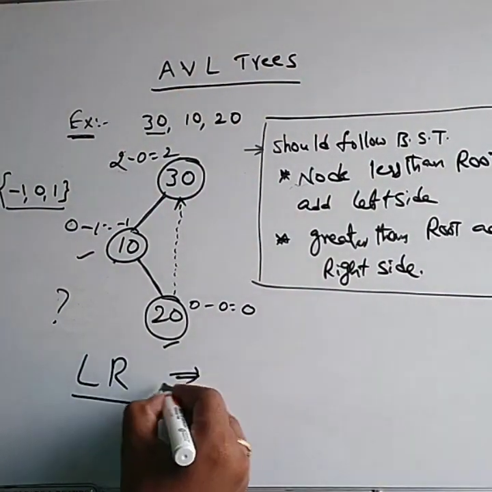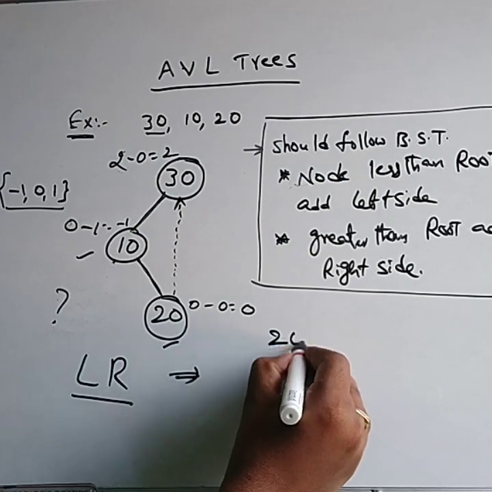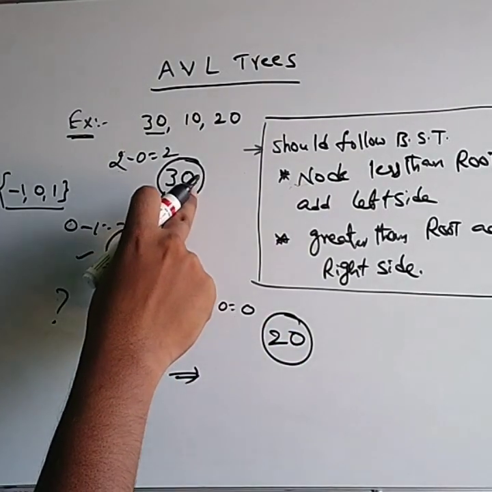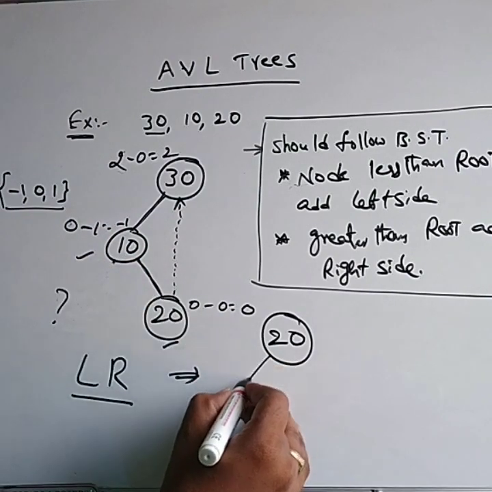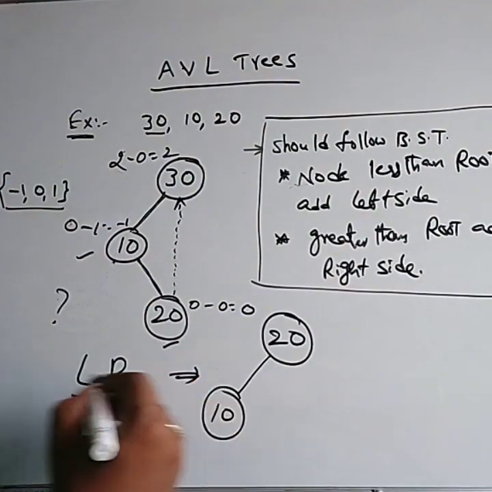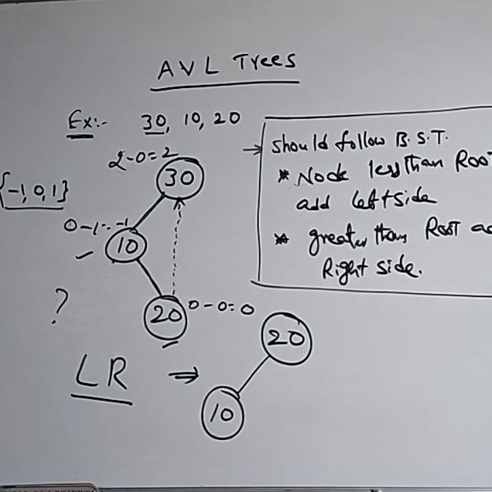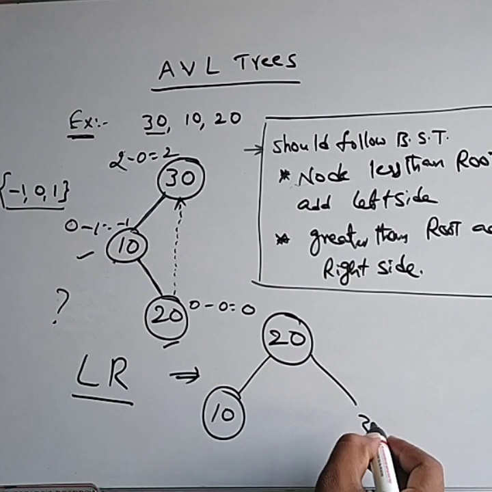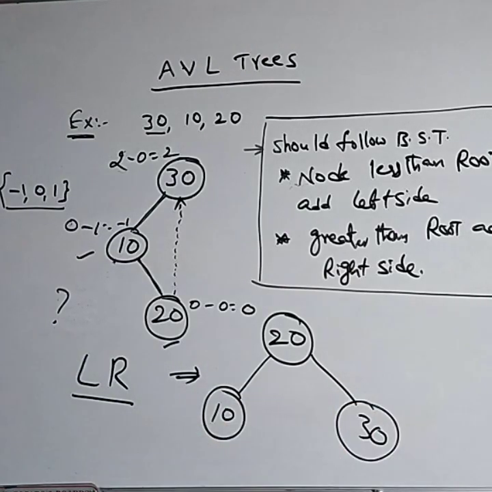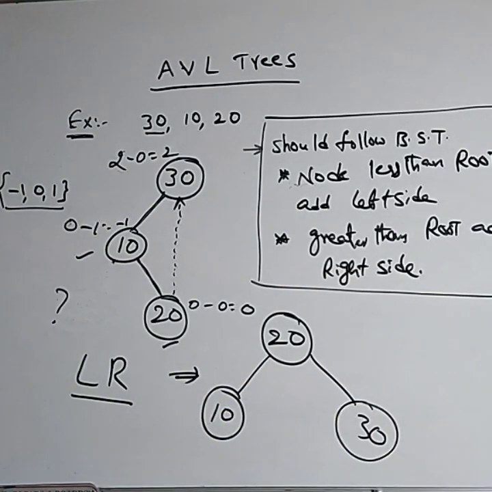So now it's clear, 20 becomes the root node, and the left-hand side of 30 is attached as usual with the root node 20. Next, 30 moves to the right side. Now check the balance factor.